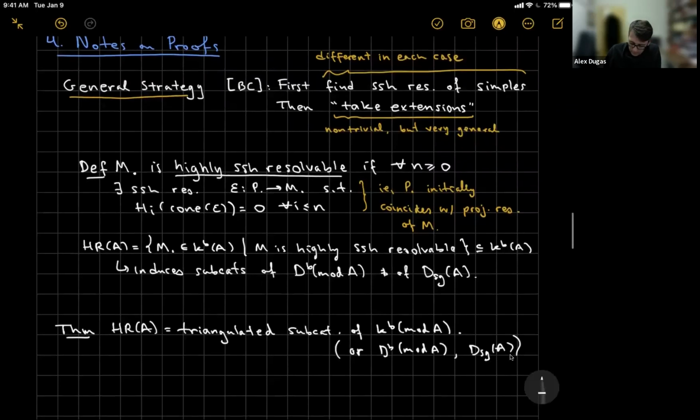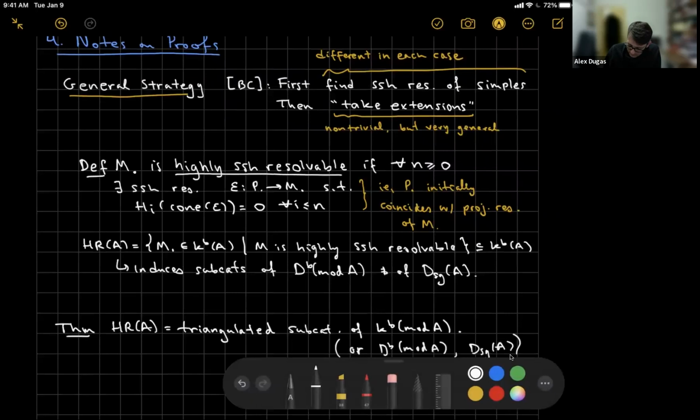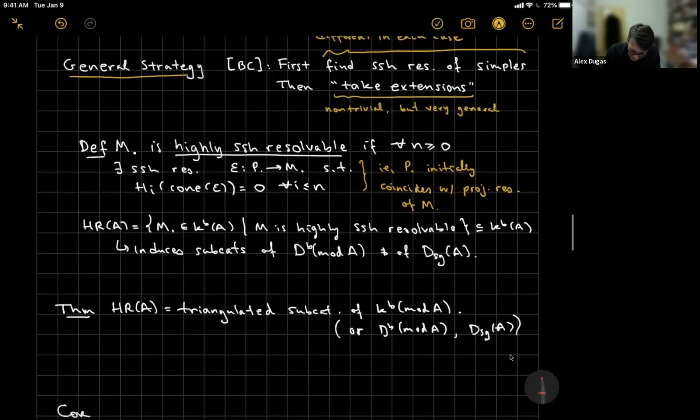Right, so however, there's one kind of annoying problem with this, one thing we don't know. I'm not even sure to expect that it's true, but we don't know if this is a thick subcategory.